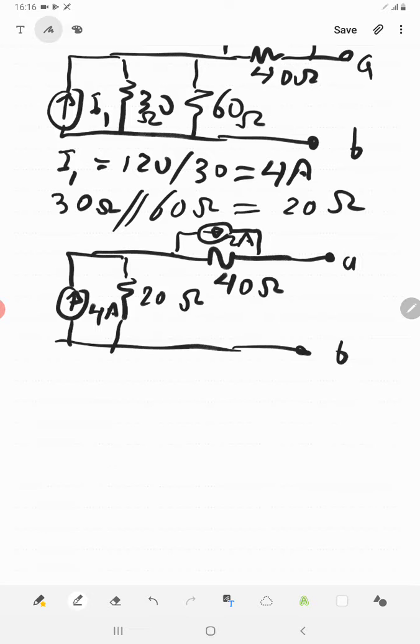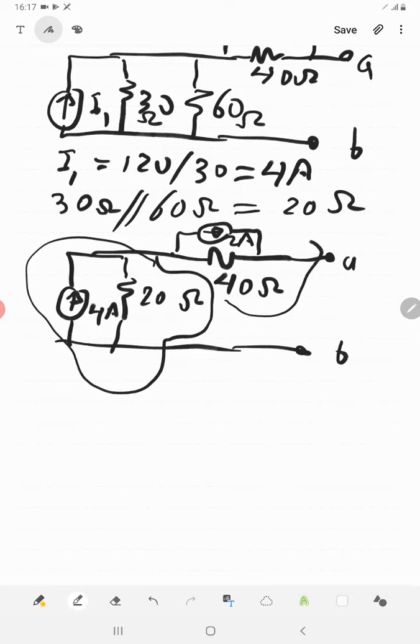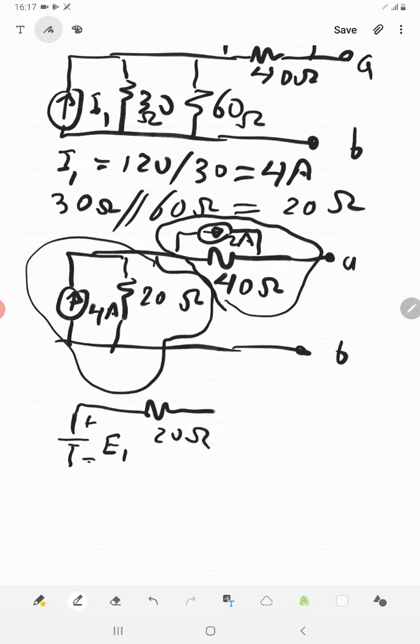And what we need to do, we need to convert this circuit back to a voltage source, and this also we can convert to a voltage source. So this will be plus minus E1 in series with 20 ohms.